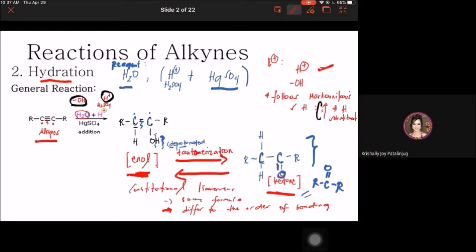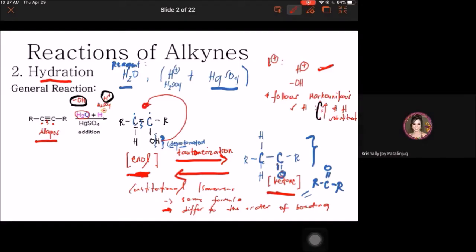Why do they differ in structure? They differ particularly due to the order of bonding. And that is very observable in the enol-ketone forms. During tautomerism, you can see here the interconversion of the two forms, which involves the movement, diba, of this hydrogen from here to this carbon.